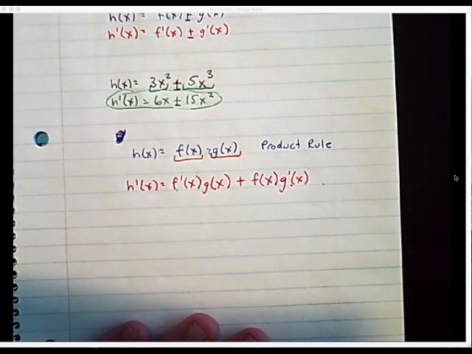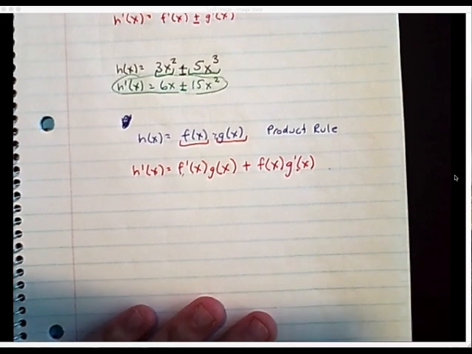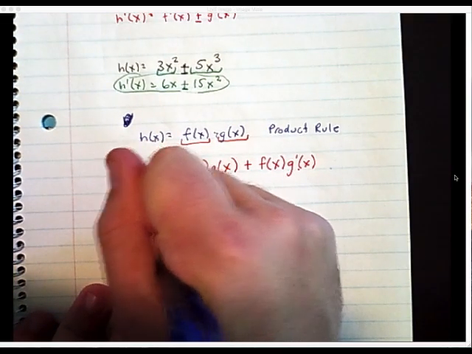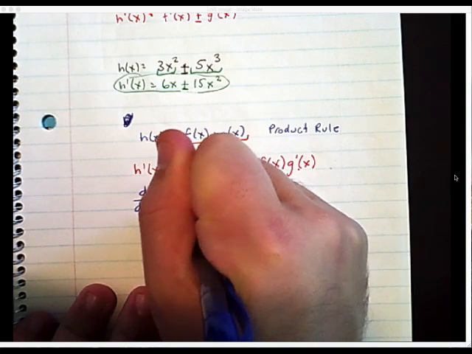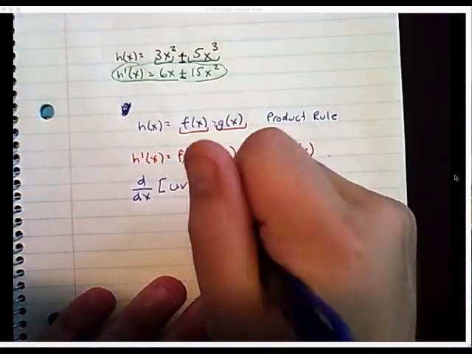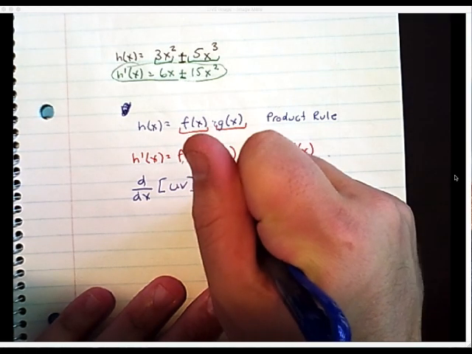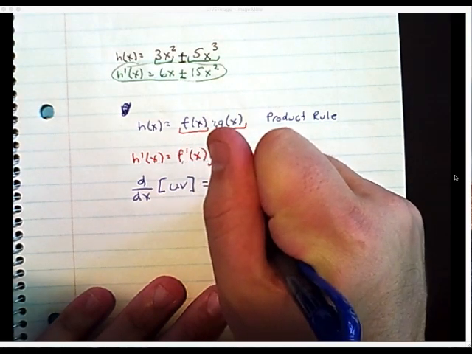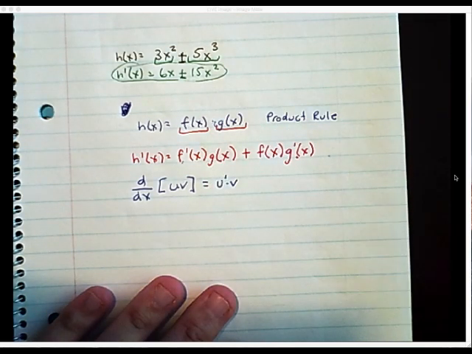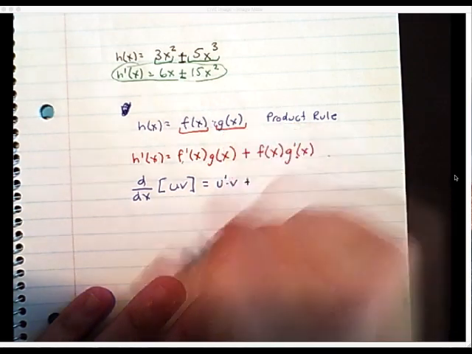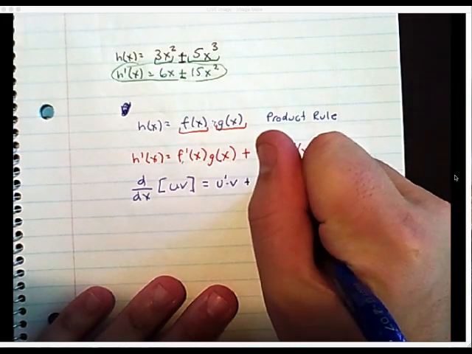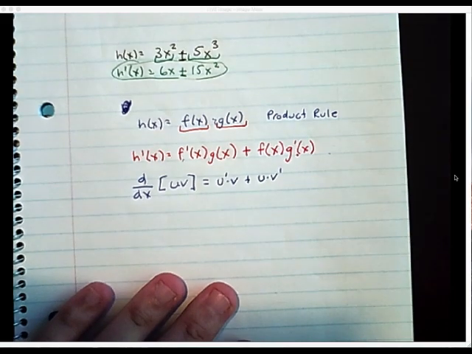Some people write that like in the note card itself, it says to find the derivative of a product, if the product is u times v, the derivative of that would be u prime, the derivative of the first, times the second, so u prime v, plus, it's always a plus, the first, u, times the derivative of the second.